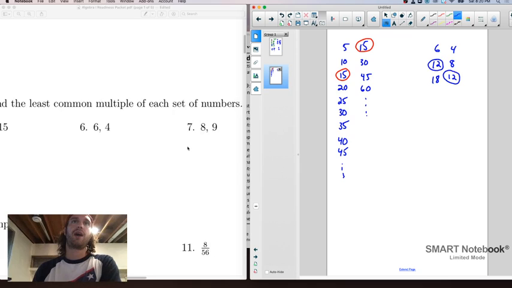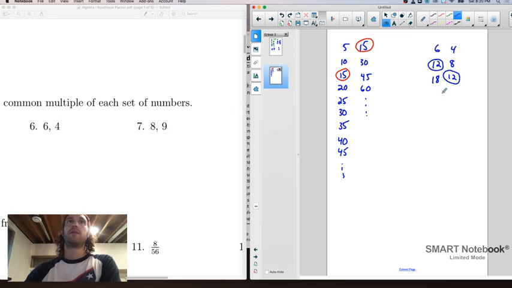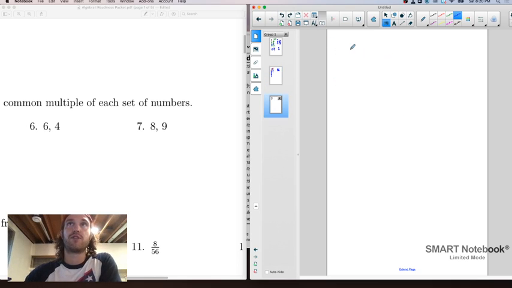Okay, 8 and 9. Start with 9, and we're going to go up the list for 9 until we hit a number that's divisible by 8. So 9, not divisible by 8. 18, nope. 27, nope. 36, nope. 45, nope.